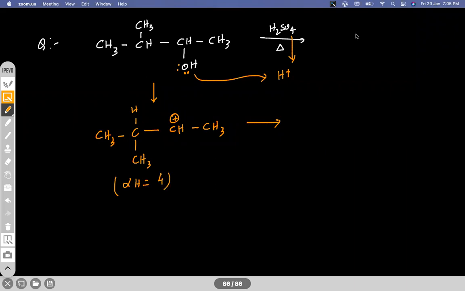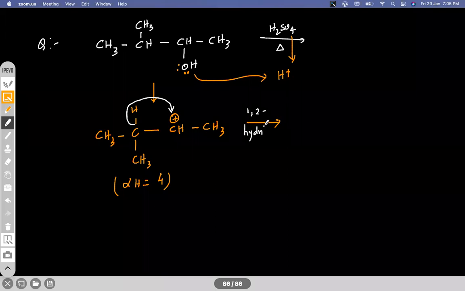Now in order to get a more stable carbocation, this hydrogen takes this electron pair and rearranges itself onto this carbon atom, right? We call this a 1,2 hydride shift because hydrogen is shifting.